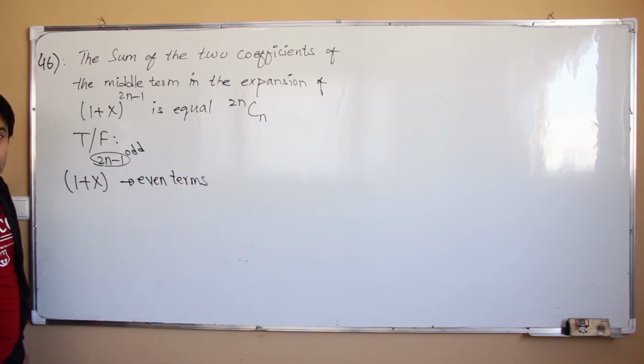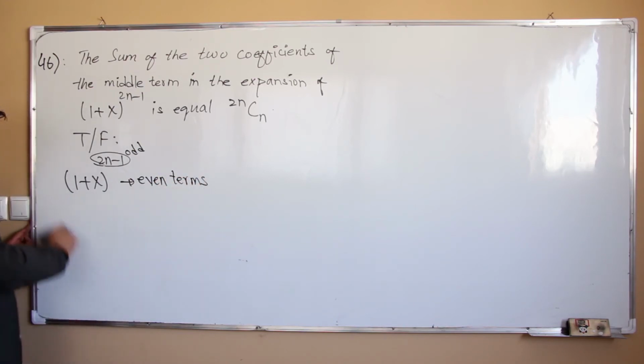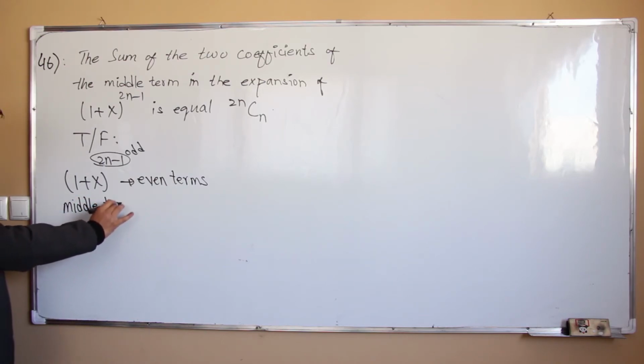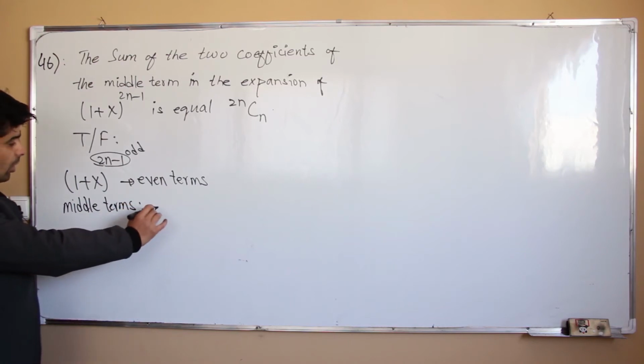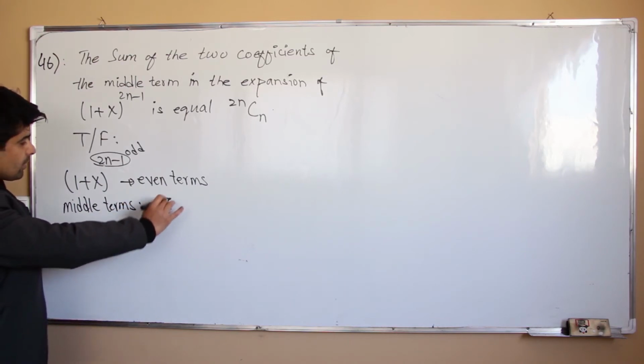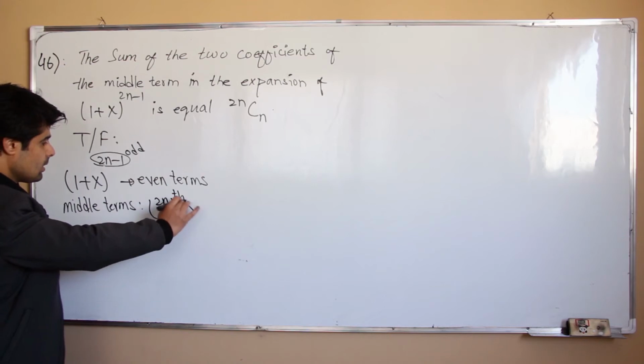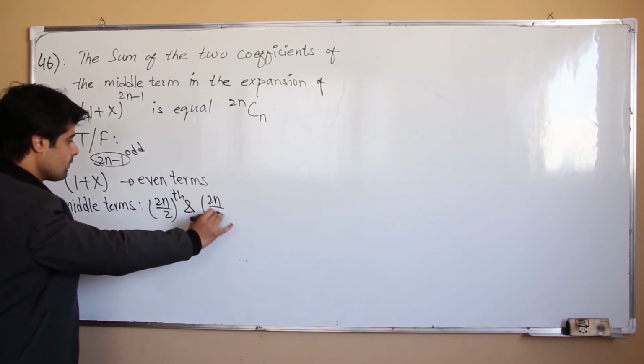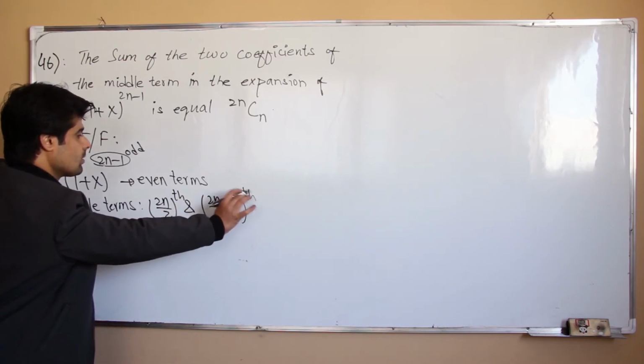If it has even terms, then how many middle terms do we have? We have 2 middle terms, which are the 2n divided by 2 and 2n divided by 2 plus 1th terms.